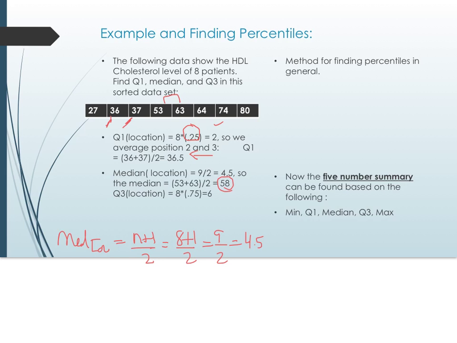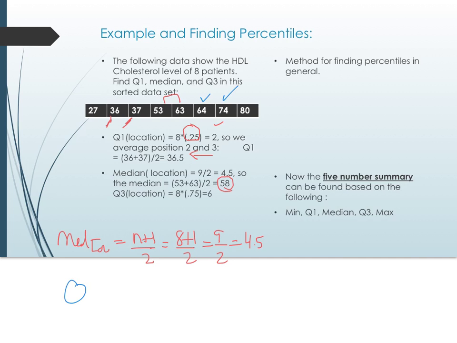Finally, for Q3, we get a location of 8 times 0.75, which is 6, but remember it's a whole number, so we count up to 6, and we get 64, but we have to add it to 74 and then divide by 2.